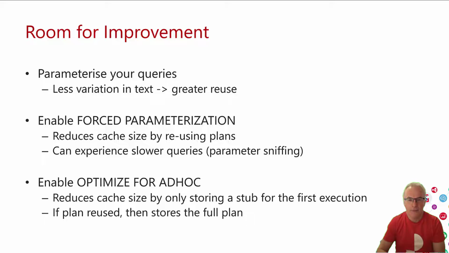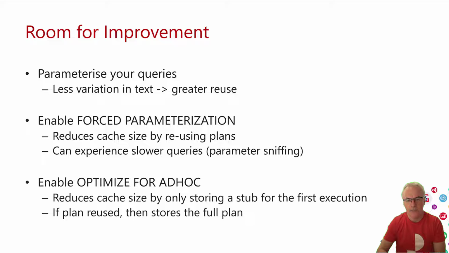There can be some downsides to that, with parameter sniffing becoming involved. The other way to do it is perhaps looking at optimizing for ad hoc. So if you know that your workload does come in with a lot of single-use plans and does retain that pattern from your application, then setting it up with optimize for ad hoc reduces the amount that's in the plan, because the first time it sees that query, it's not going to store the full amount.